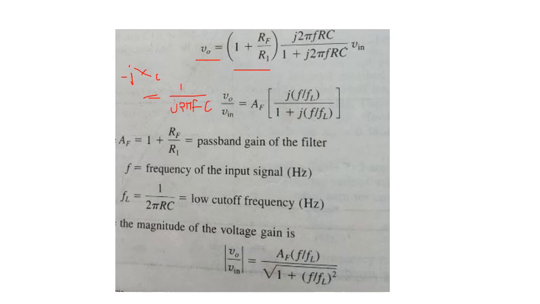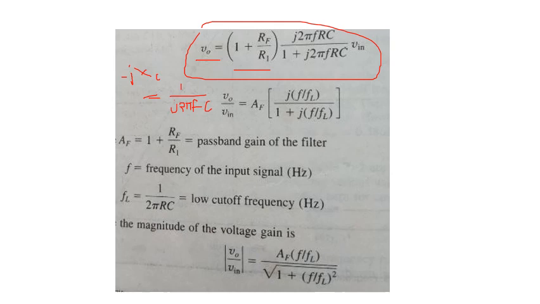Substituting this in the equation where we have minus jxc, we get this particular output equation: the gain into Vin into j2 pi fcR divided by 1 plus j2 pi RfC.